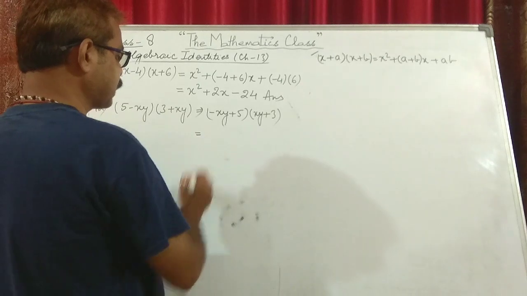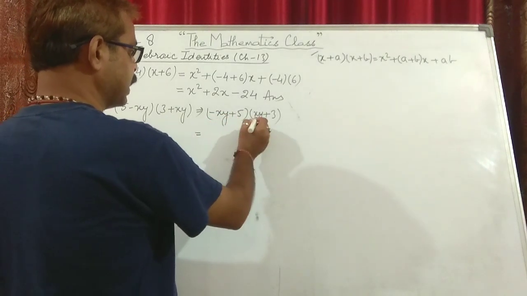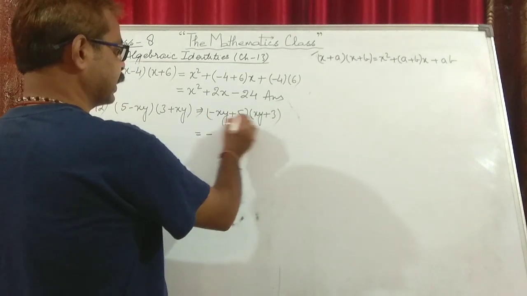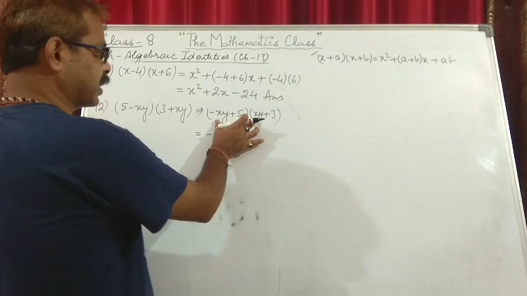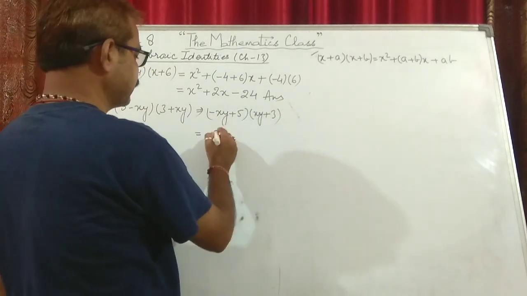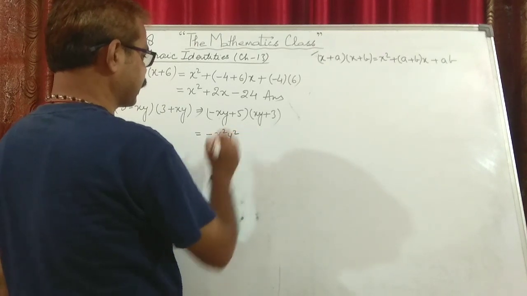So when we multiply them, we are multiplying the first and this first. Minus into plus is minus. And xy into xy will give you x² y².